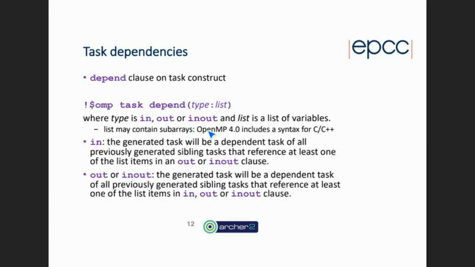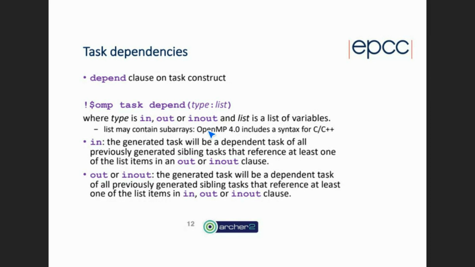So this can also be used to specify reductions on parts of arrays and other things. There are a few other places where the ability to specify subarrays is useful.